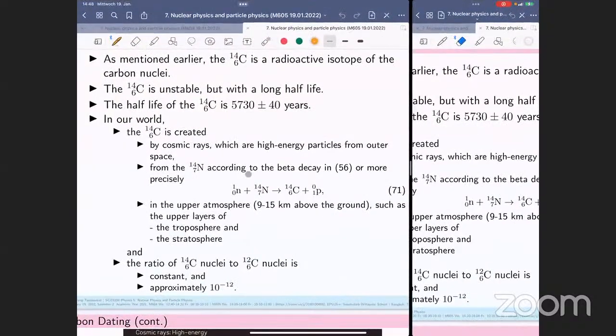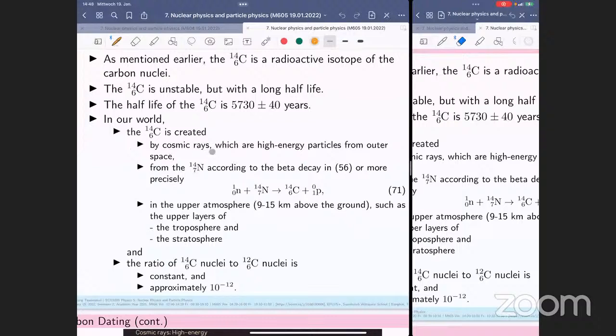We cannot do that, but it happens in nature. On Earth, because we have the atmosphere that protects our life, carbon-14 is generated every day at the atmosphere level, because outside our Earth there are cosmic rays.